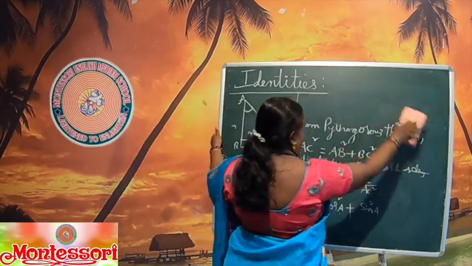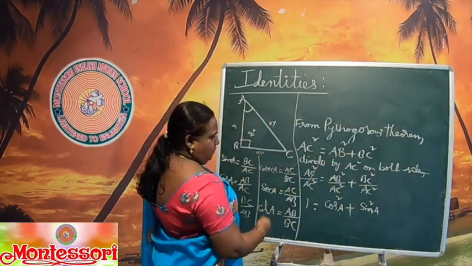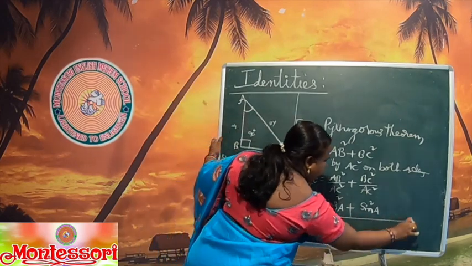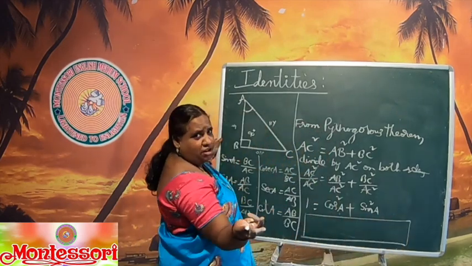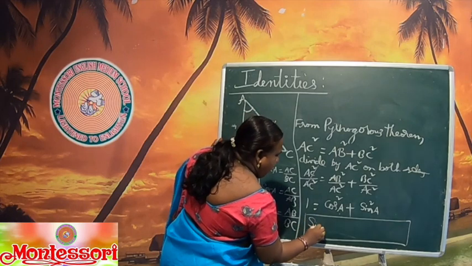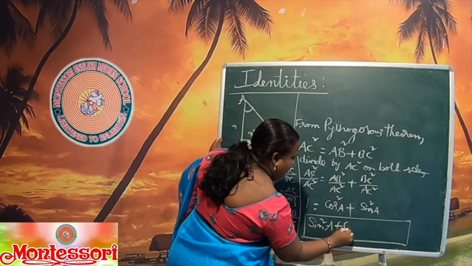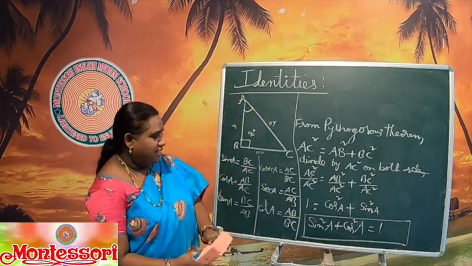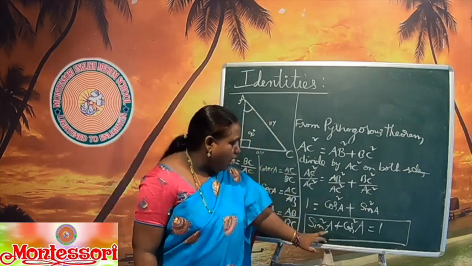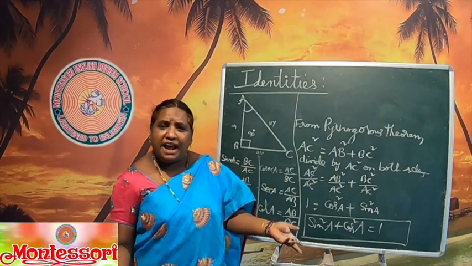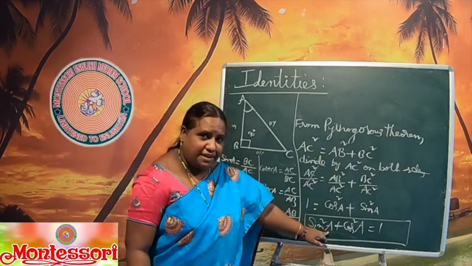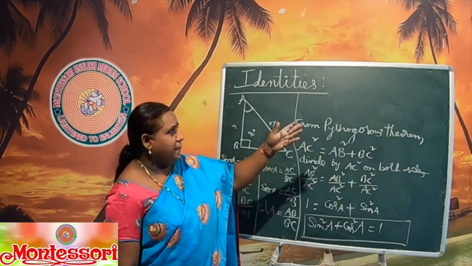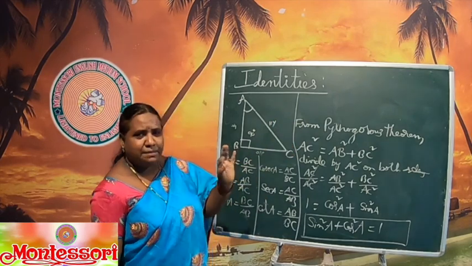So now finally, what conclusion am I going to draw here? The first identity is, we all know that A plus B is equal to B plus A, sin square A plus cos square A is equal to 1. This is true for all the values of A. A is for angle. Here I marked trigonometric angles only. So very simple children.